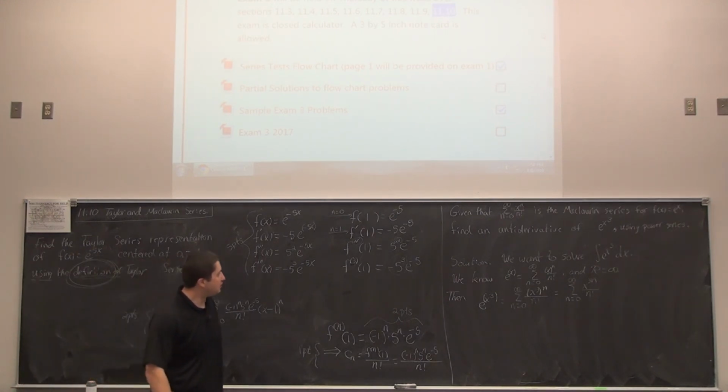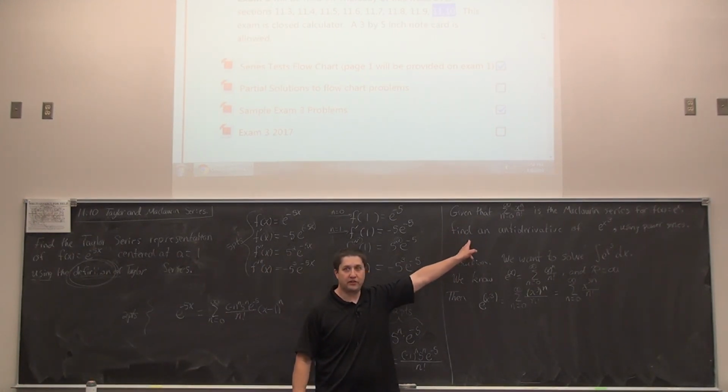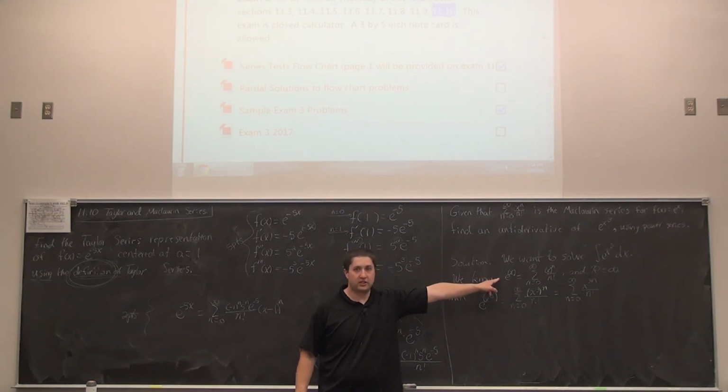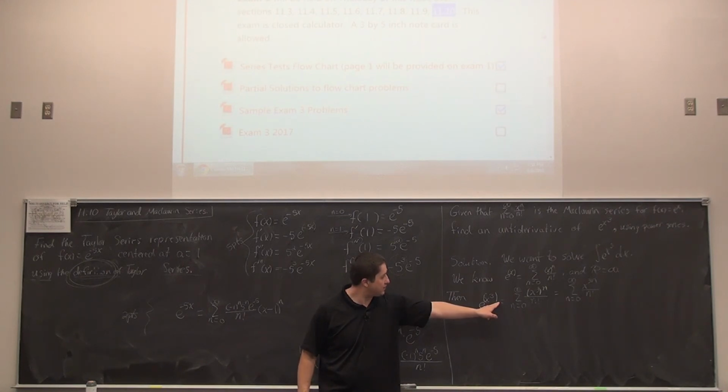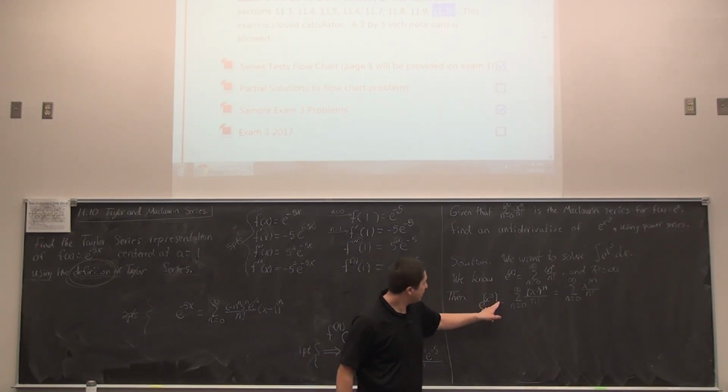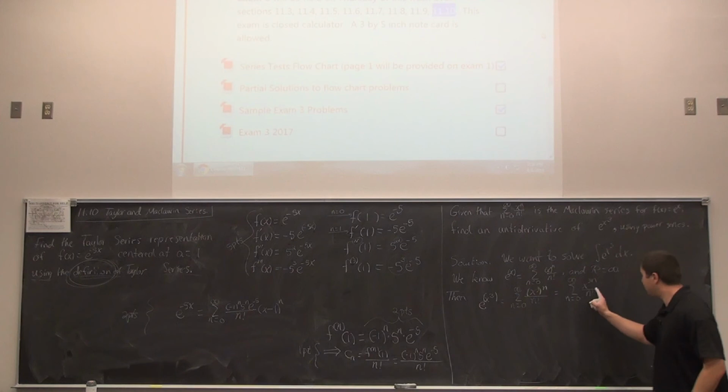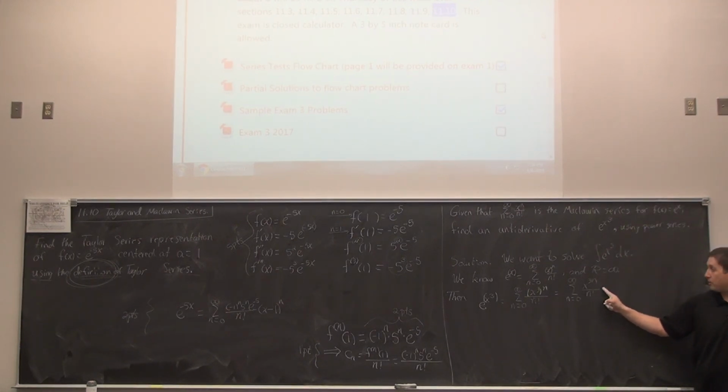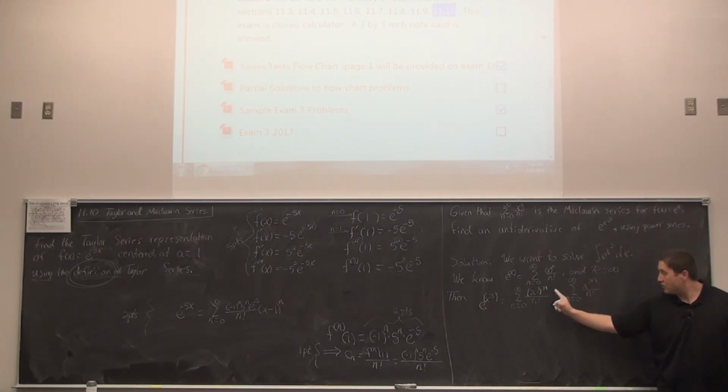But if the instructions say to do something else, like find an antiderivative, and they give us this information, then we can just run with it. We now have a Maclaurin series representation of e to the x cubed immediately in essentially one step, 2 steps if we simplify. And that's inappropriate unless it said, find this using the definition of Maclaurin series.